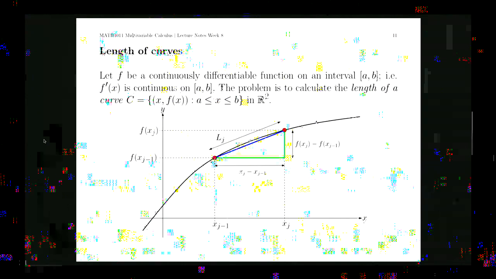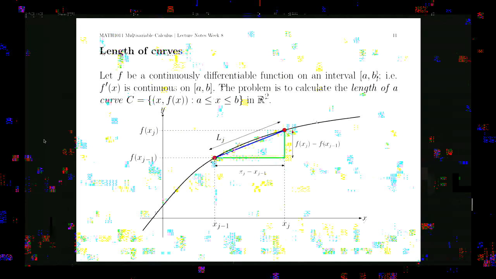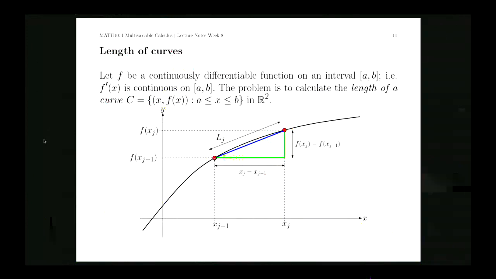How would I do it? Well, you could partition it. You could break the curve up into little pieces, slice it up, find the length of all the pieces and then sum them all together. Riemann integration.